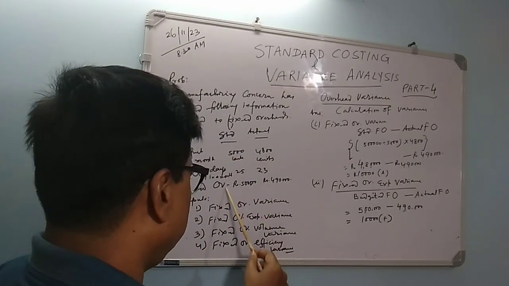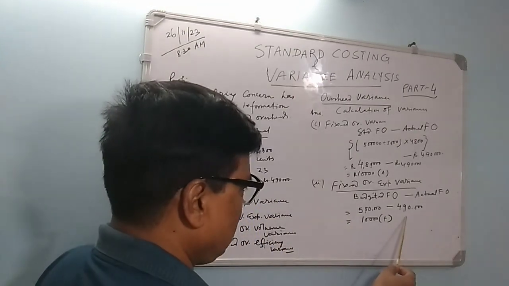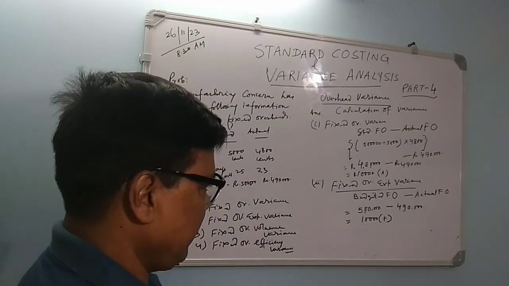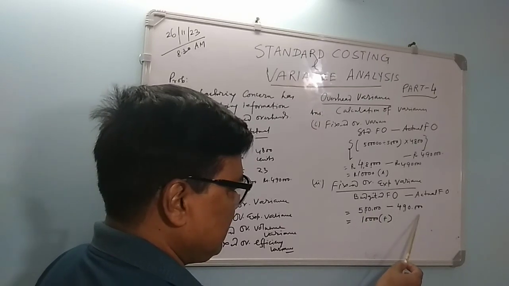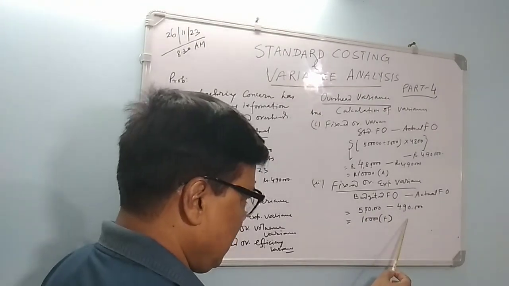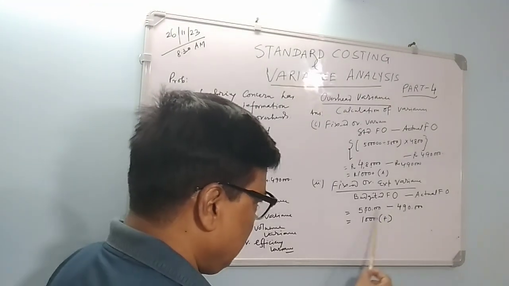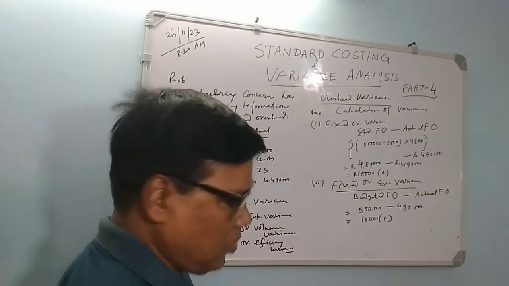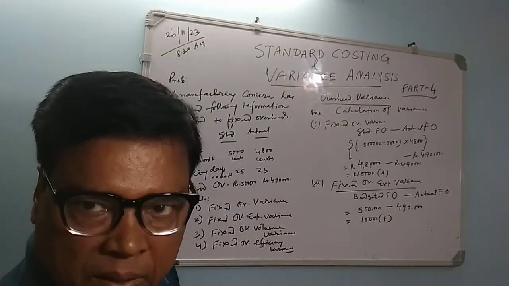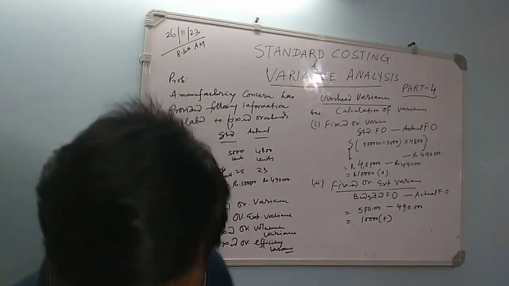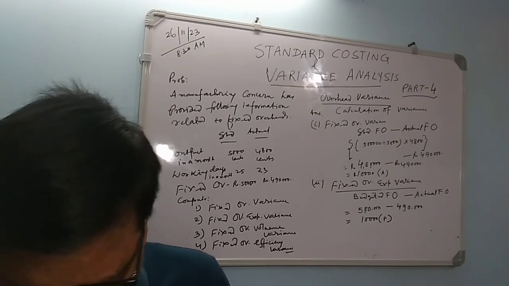It has been given as 5 lakhs, and actual fixed overhead is 4,90,000. Here, in comparison with budgeted fixed overhead, your actual fixed overhead is less, so the variance will be favorable. Always, if actual is less than budgeted or standard, then it will be favorable. So these are the two variances we have made.